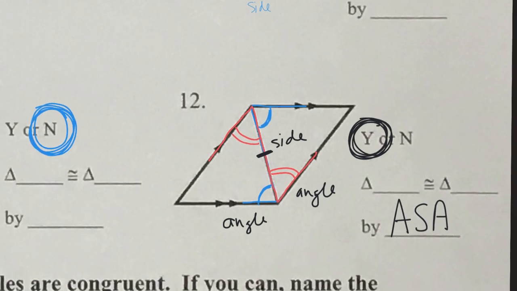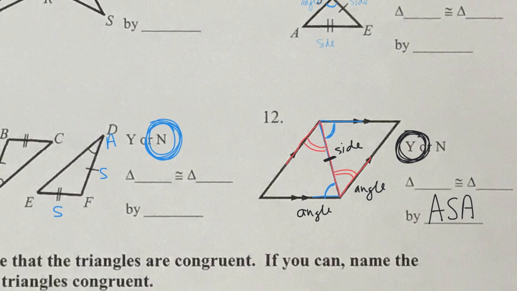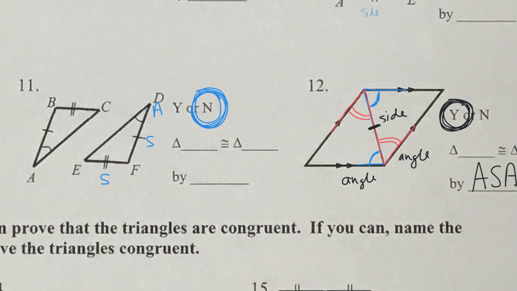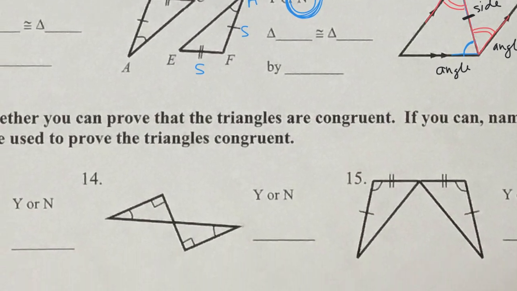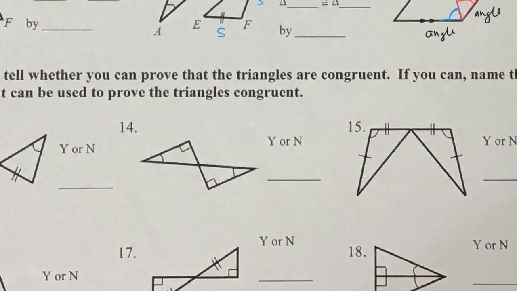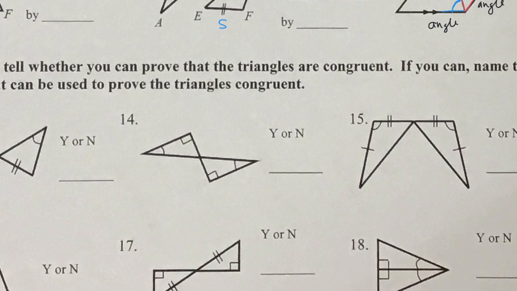Okay, so we're looking at the picture. We are deciding if there's enough information and where that information is presented to us. So why don't you take a minute and do these last 6. Decide if there's enough information and write down the congruence letters if it's a yes.